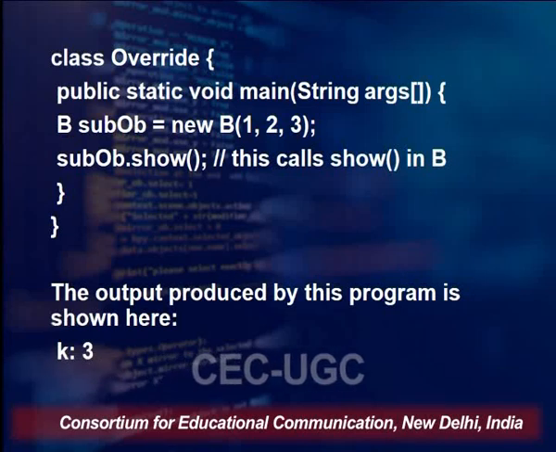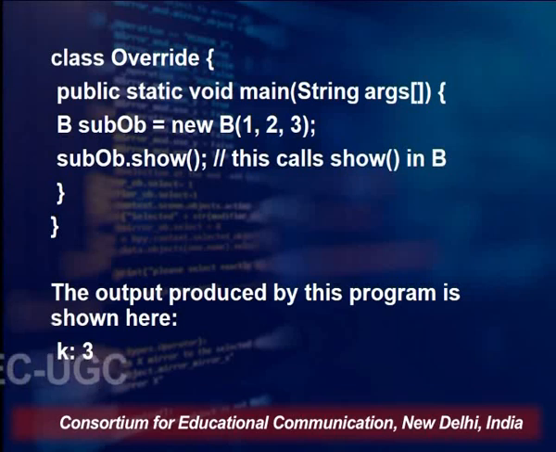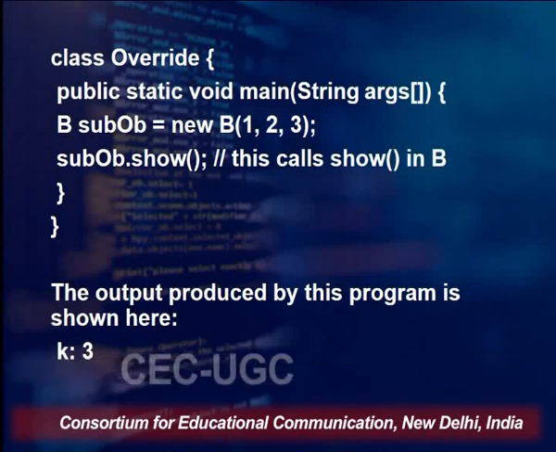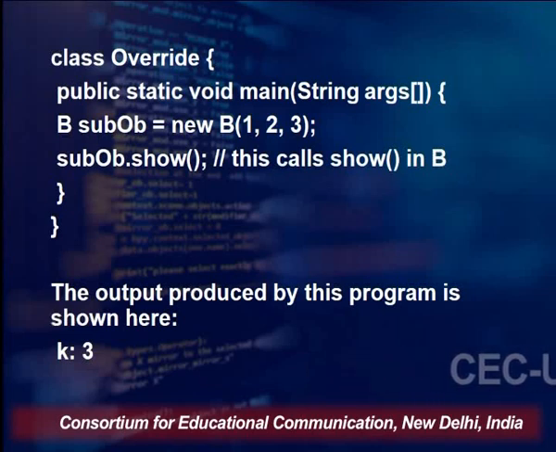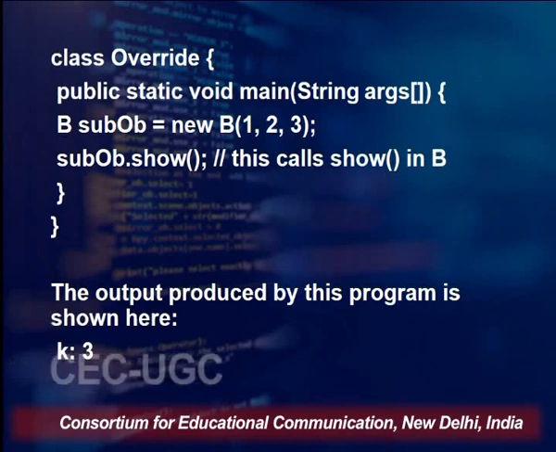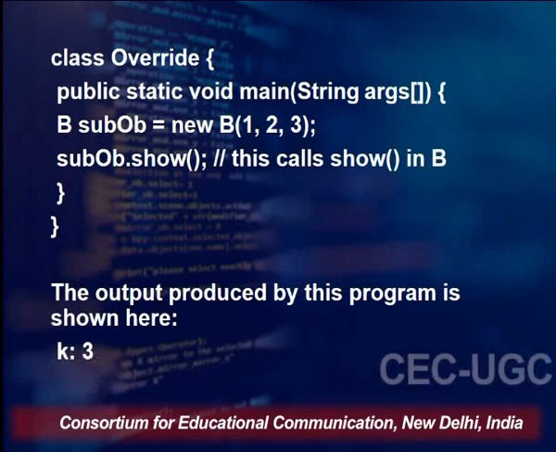So which version of show is being called here? Because class B, being the child class of class A, has two versions of show. One version is from class A, another version is from class B. Now we cannot differentiate between these two by parameters or by the return type, the reason being the signature is the same.